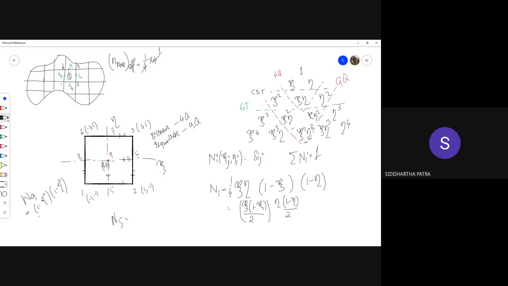For example, node 5, how many elements share node number 5? Two elements. So there are 4 such nodes which are only shared by 2 elements.